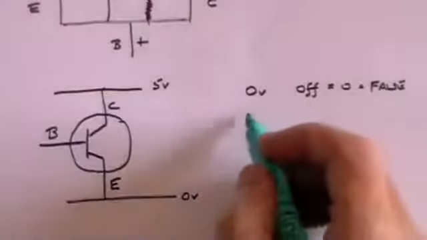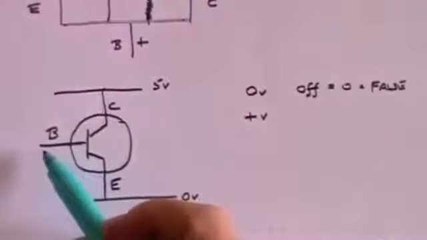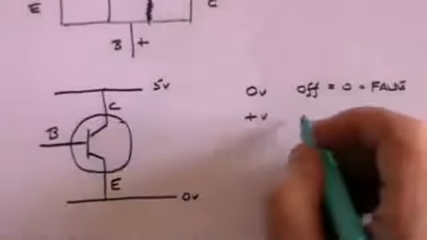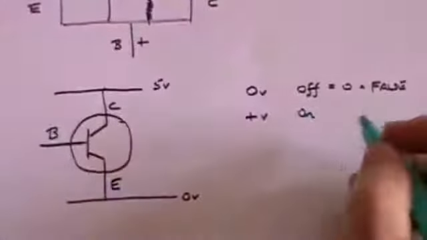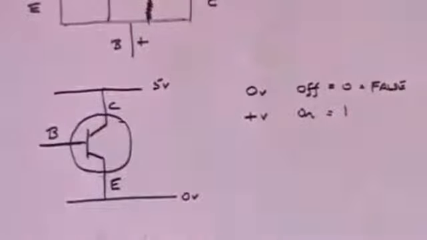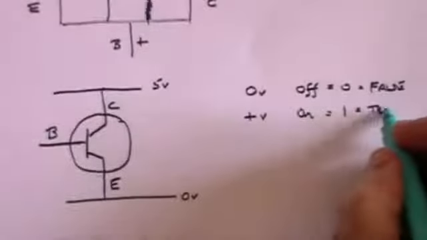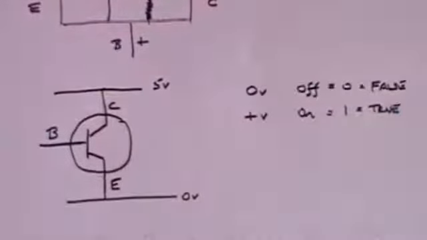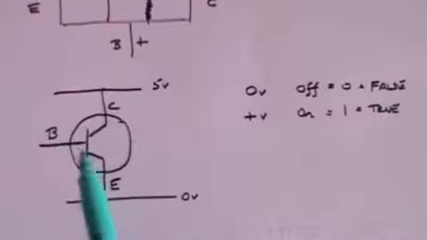On the other hand, if there is a positive voltage on the base, then the switch is on, and that is given the representation 1, or true. All these schematic transistor diagrams that I draw in this video will be in this form, with the emitter here, the collector here, and the base here.